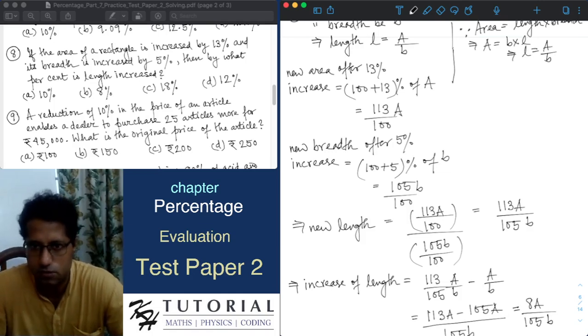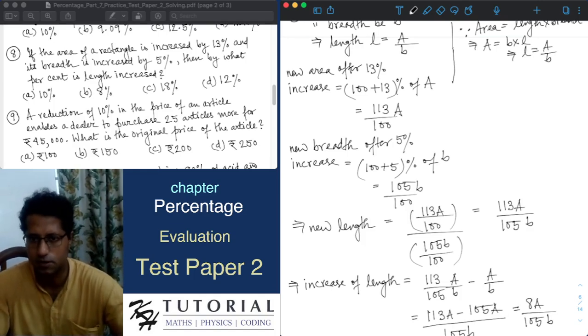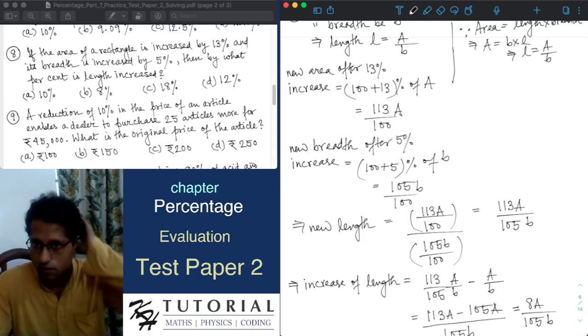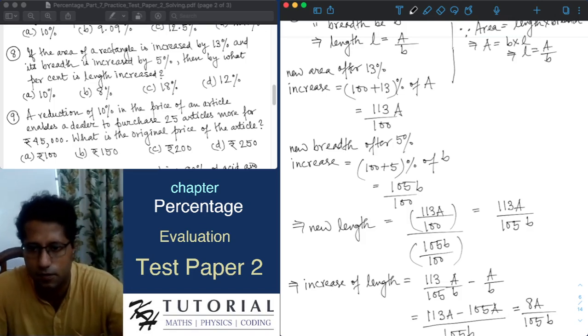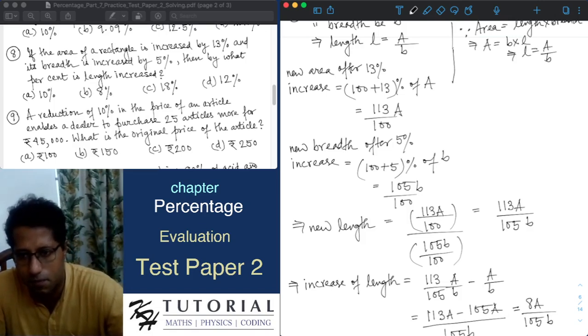So the new length should be new area divided by new breadth, which is 113A by 100 divided by 105B by 100.